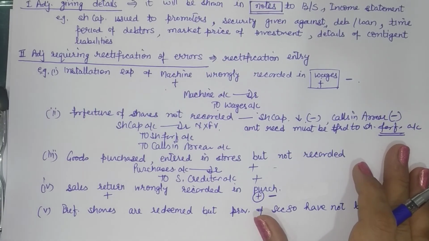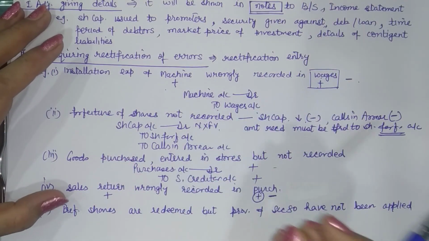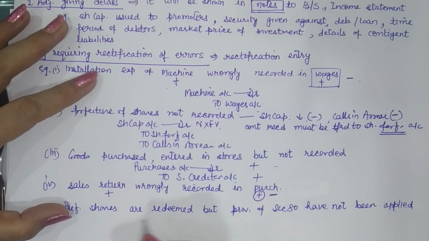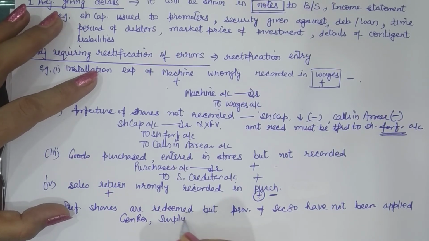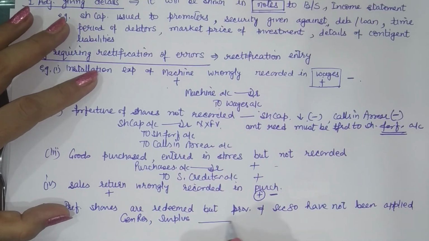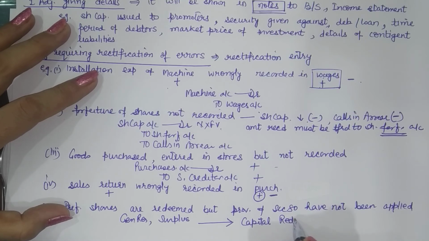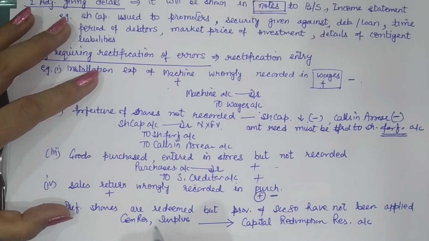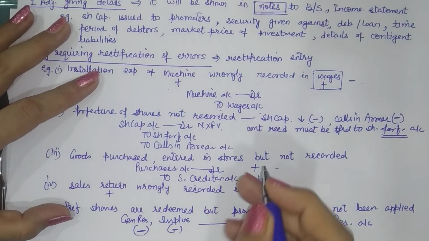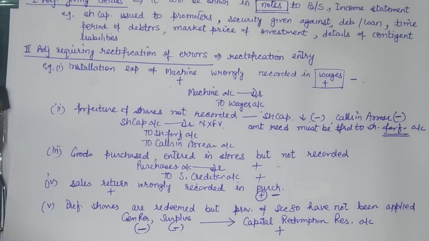The correction will be that as per the amount of redemption, the amount should be transferred from the general reserve or surplus or any free reserve to capital redemption reserve account. So these accounts will reduce by the amount of reduction in the capital, and a capital redemption reserve will be created. So this is regarding the rectification of the errors.